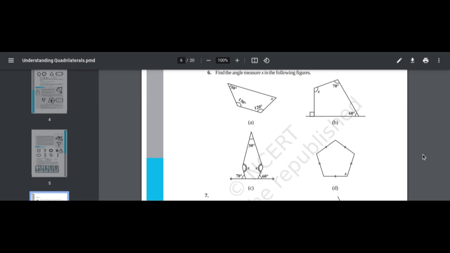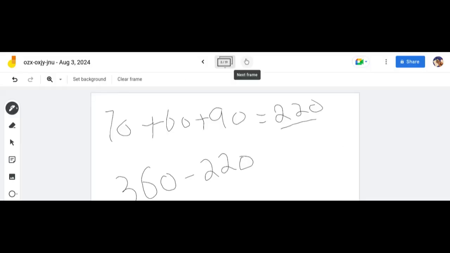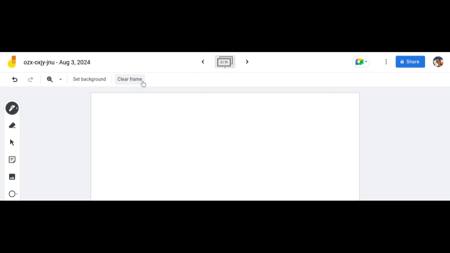All the angles are not given, but we know the interior angle sum of a pentagon. What is the sum of the interior angles of a pentagon? No, for the pentagon. That is 540. Here is a trick to do this. You have to remember that the sum of a pentagon is 540.